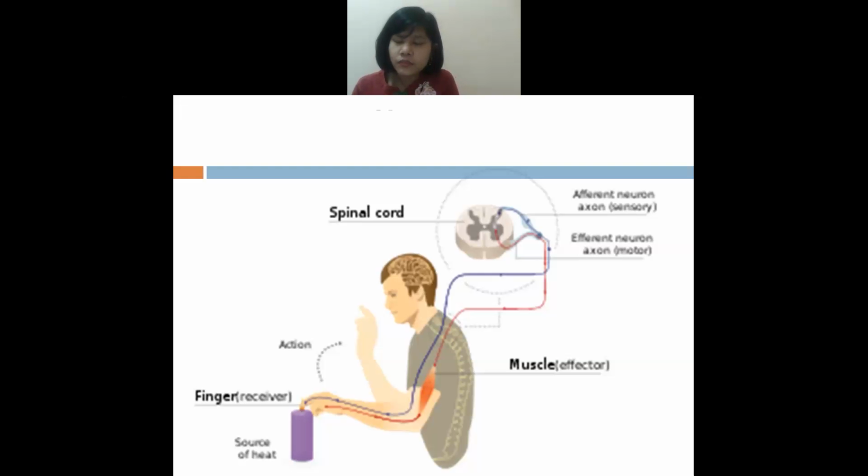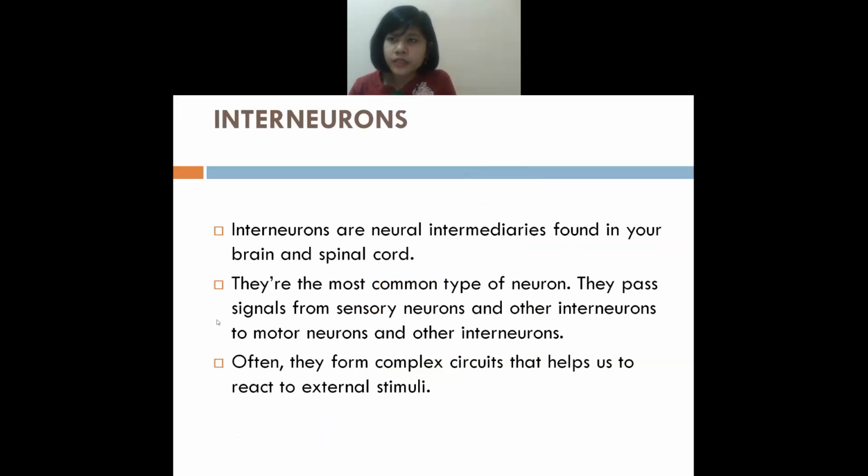Say for example, I've given this example. Suppose you have kept your finger just above the candle. So obviously you feel hot, isn't it? So what will you do? Obviously, you will remove your hand from the candle. So that one comes under what? It comes under these interneurons. Understand?